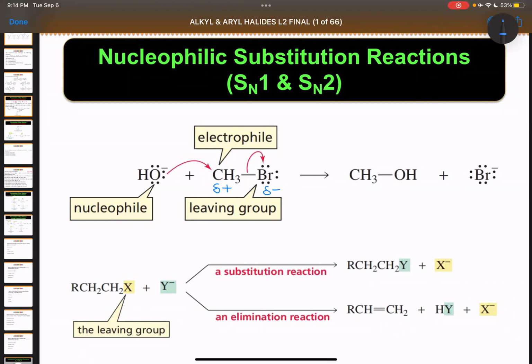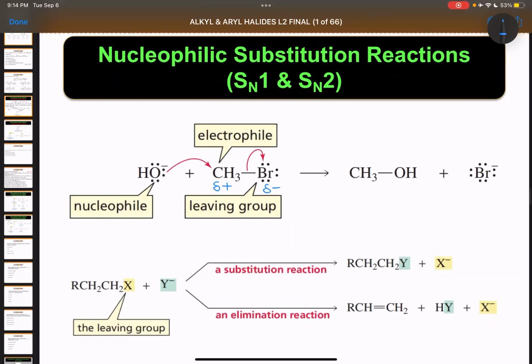Yeah, good. Due to the electronegativity difference between the carbon and the halogen, the bonded electron pair gets shifted more towards the electronegative atom, and that brings a partial positive charge on the carbon and a partial negative charge on the halide.